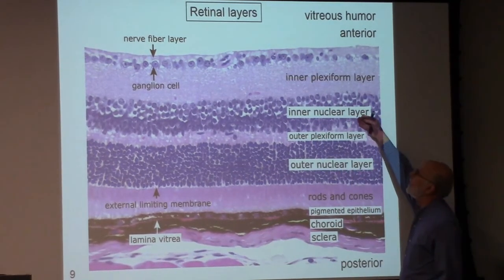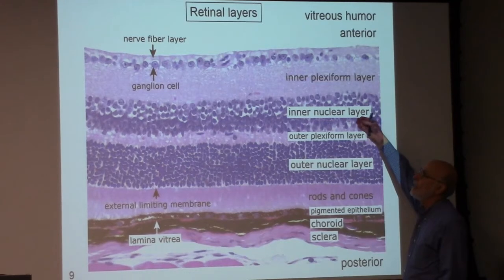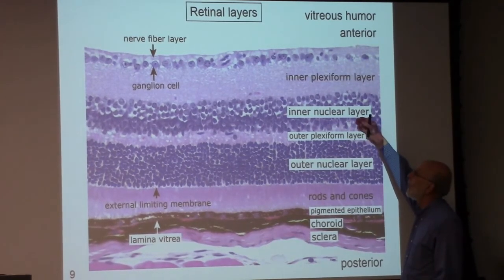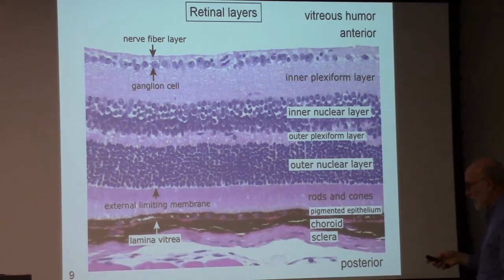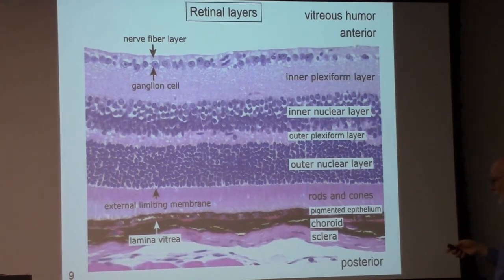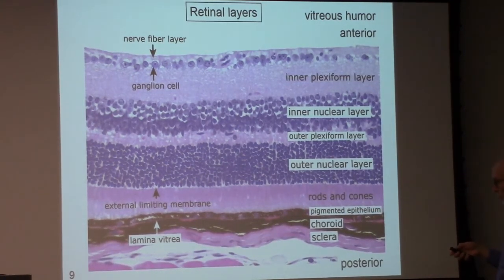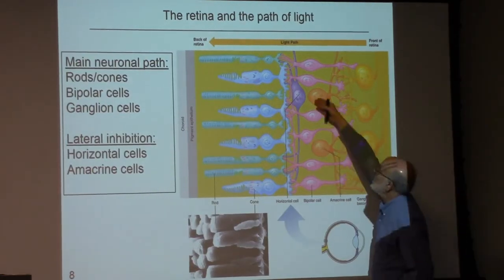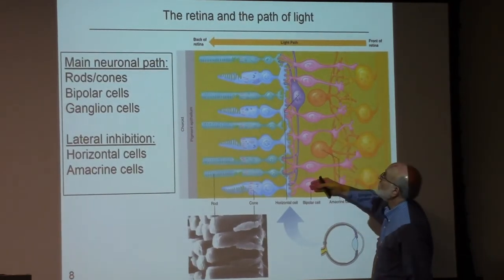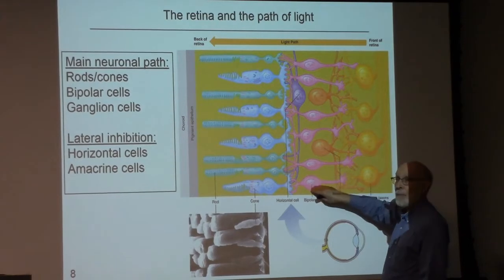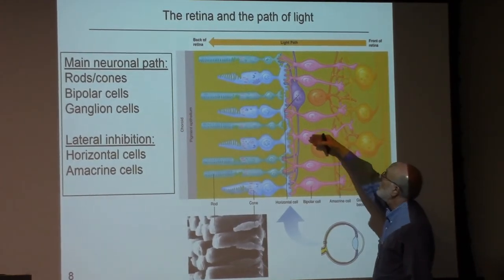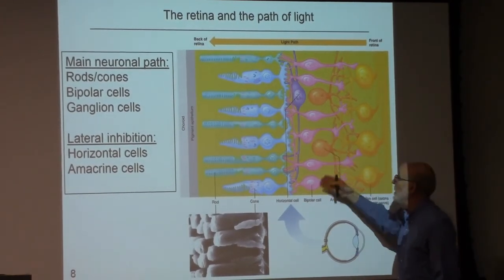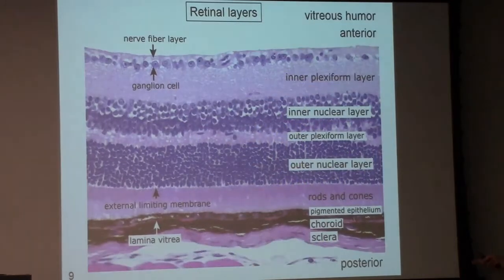Then the inner nuclear layer is where the cell bodies are. That's why it's purple circles. Cell bodies of the bipolar cells, the amacrine cells, and the horizontal cells are in the inner nuclear layer.